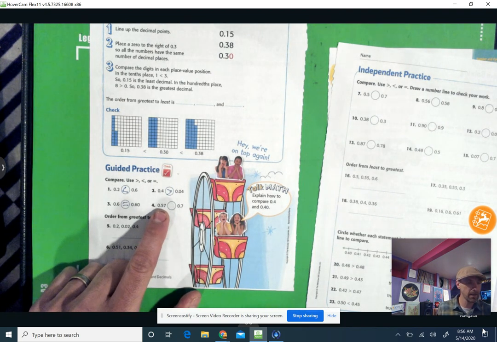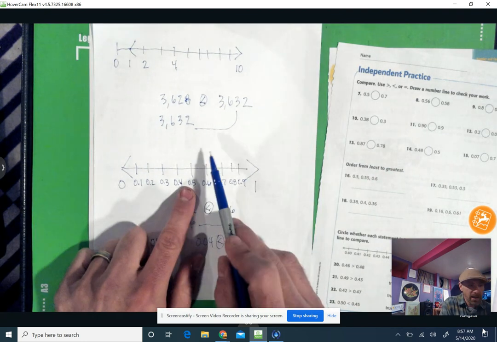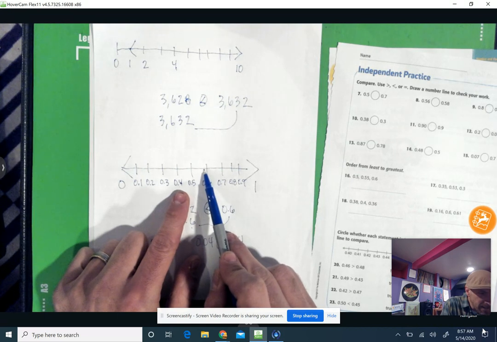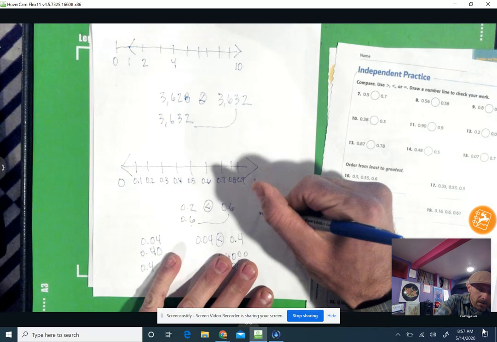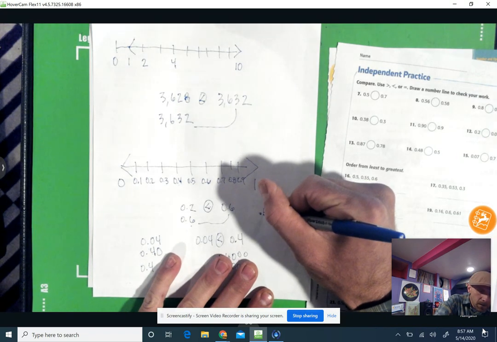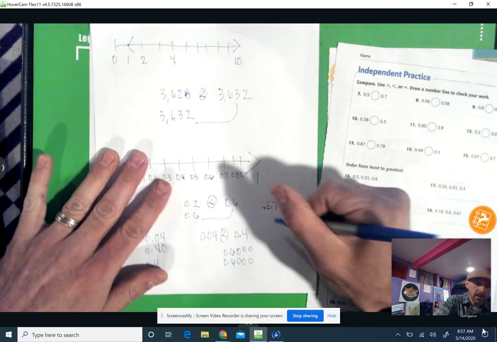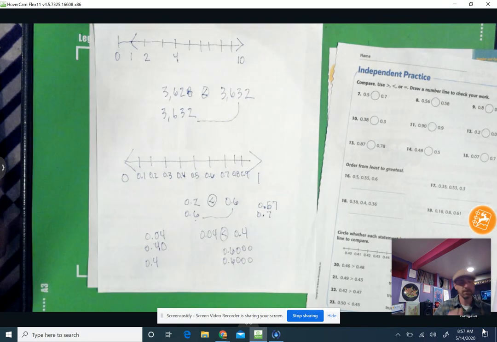So now we have 57/100 and we have 7/10. 57/100 sits somewhere over here, close to 6/10, right? 57/100 versus 7/10.